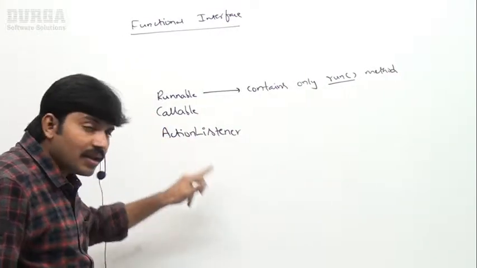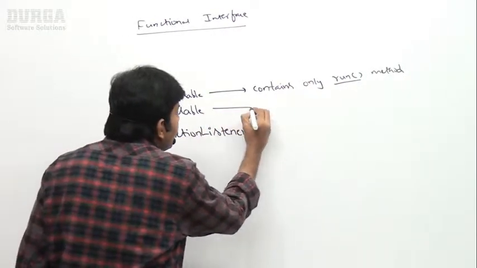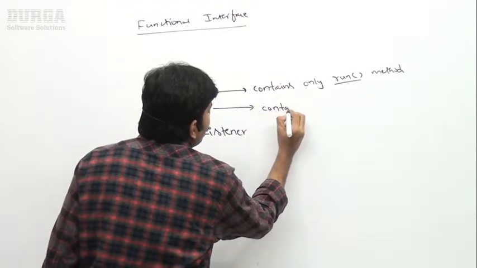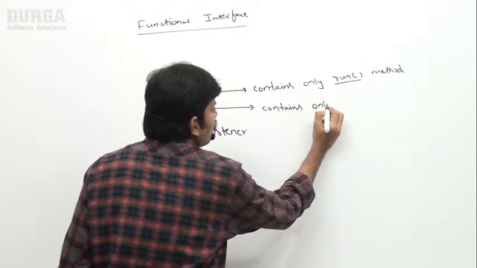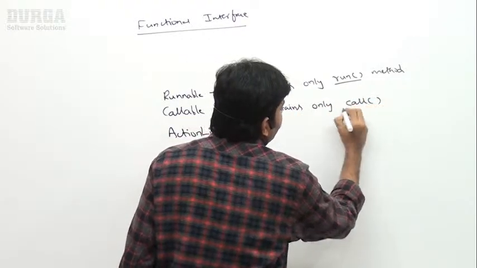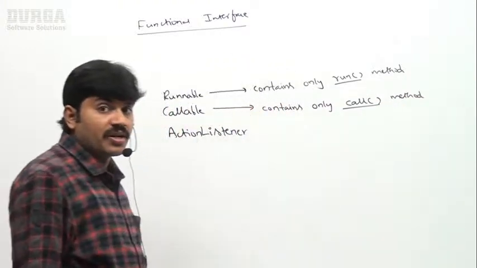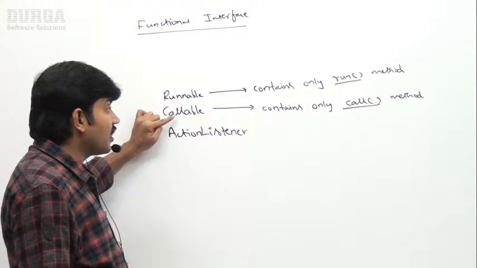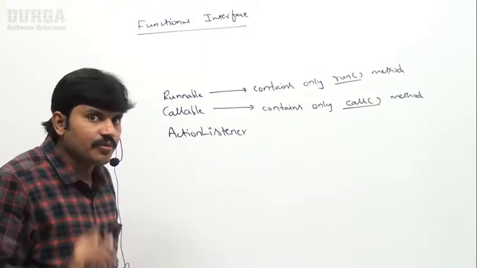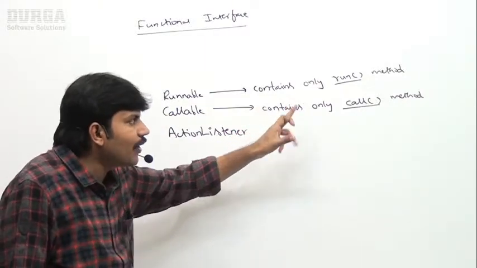Next, Callable contains how many methods? Only one method. What is that method? The call method. In the multi-threading concept, maybe in our core Java classes I covered the difference between Runnable and Callable, a very important concept. Callable contains only one method.